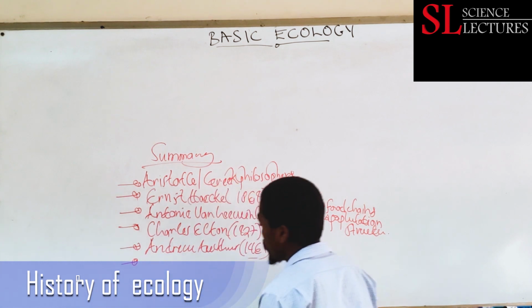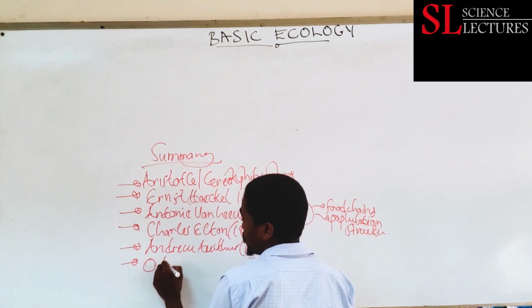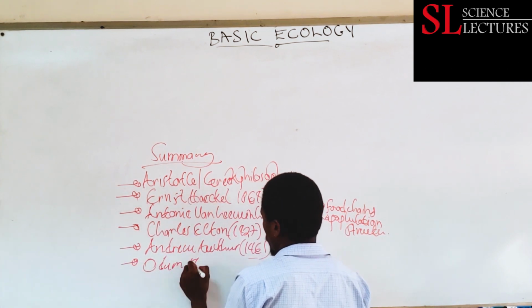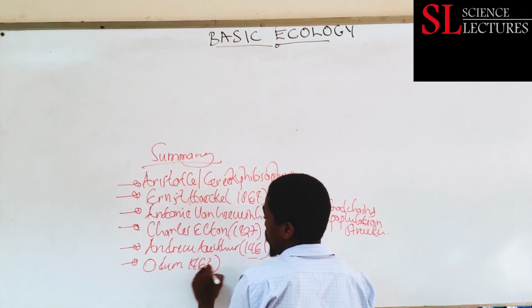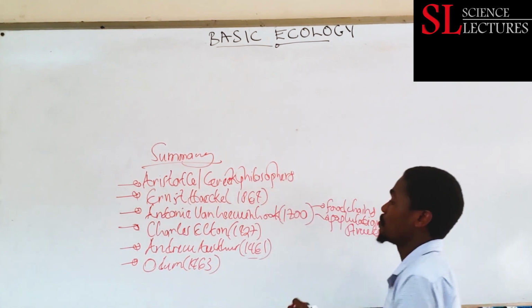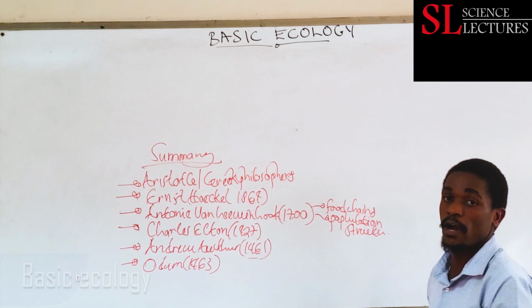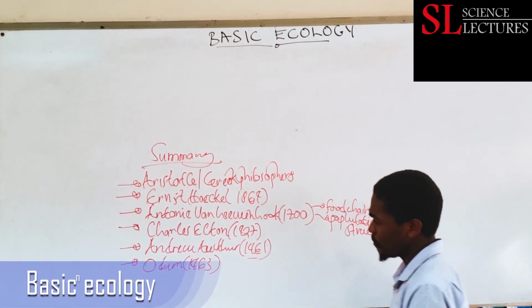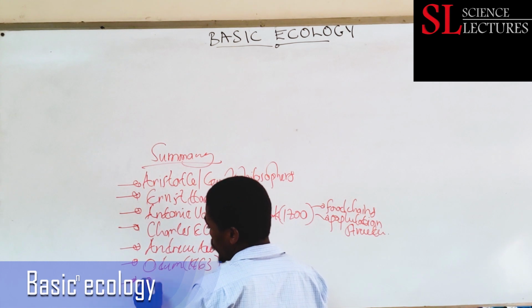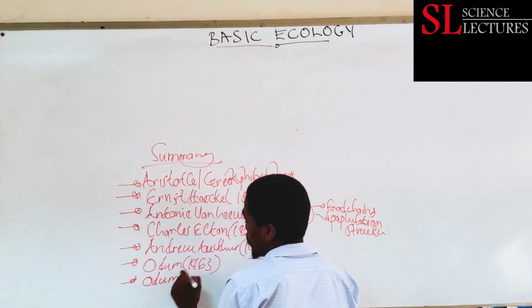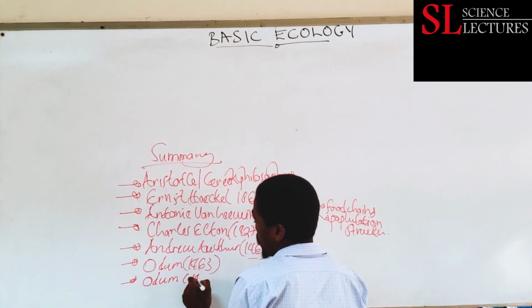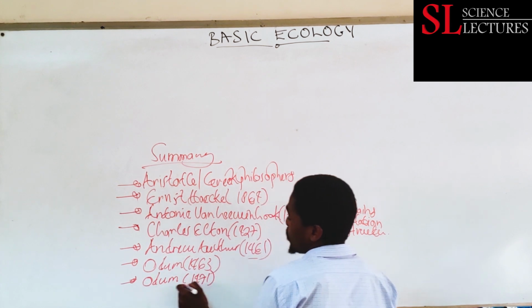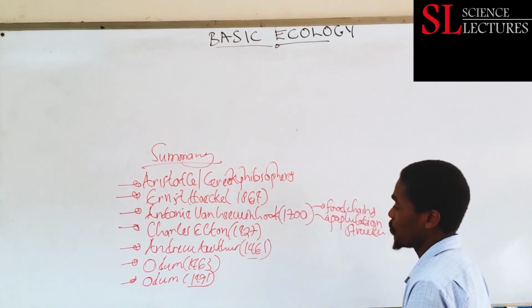Then after Andrew Arthur, Odum comes in, in 1963, and he defines ecology simply as the study of function and nature of organisms. Then Odum comes in again in 1971 and redefines ecology.